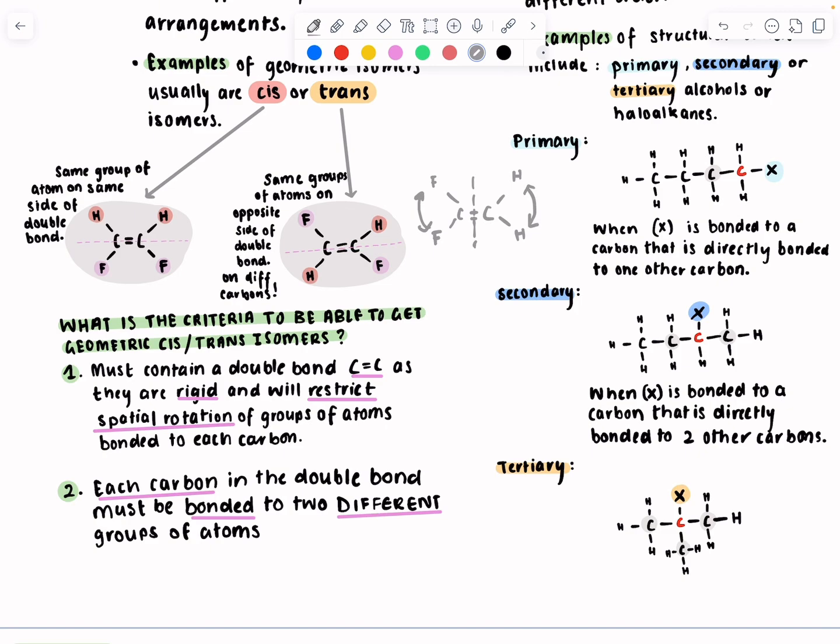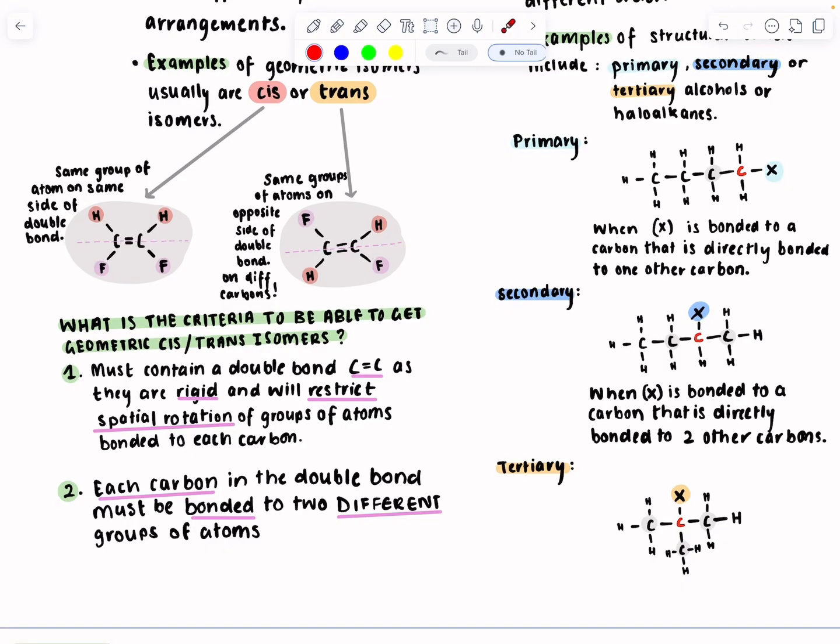To swap either of these atoms, you wouldn't be able to get a cis or trans isomer out of this. You'd actually have to make sure that the groups of atoms are different on each carbon. And that's basically this example here.